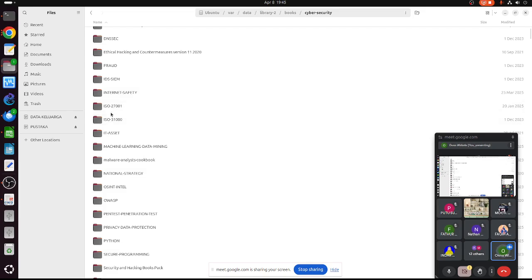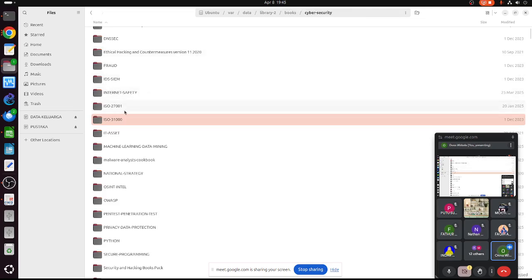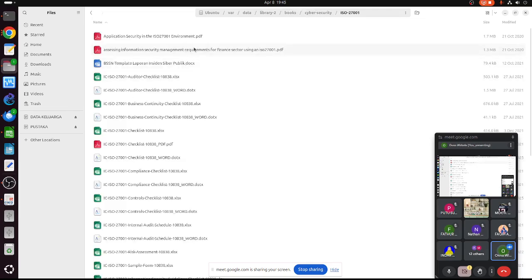I have a folder on ISO 27000, ISO 31000. This is for risk. See this? A lot of Excel files. This is basically template. And this one is also template, but if you have the Index KAMI template, it's okay. We can use that for a start.